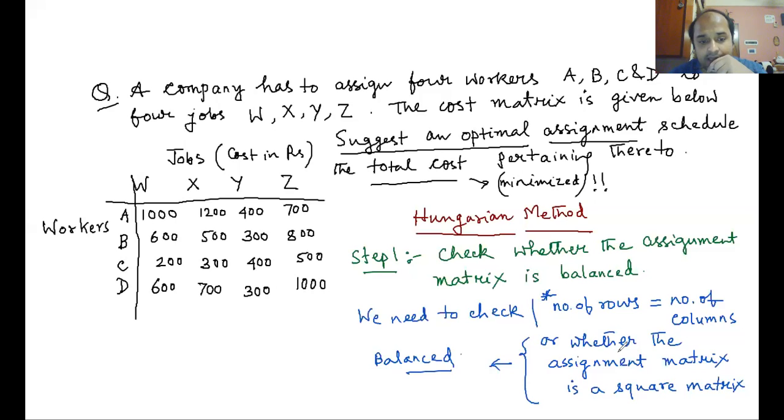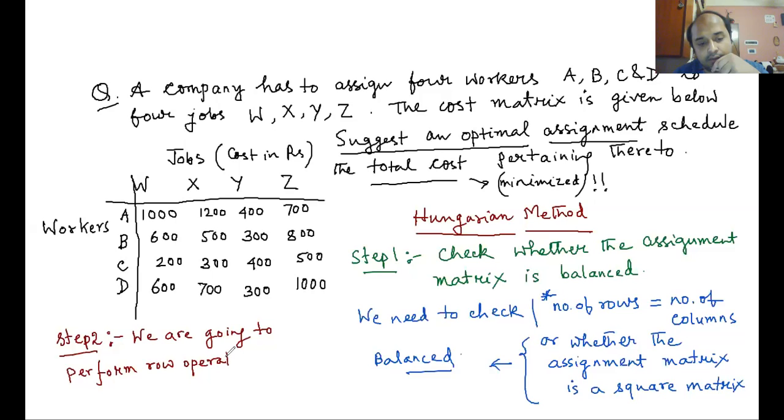Okay, what is the step number two that I gave you in my last class? I have to perform the row operation. In the last class, I actually started with this as step number one. Now, according to the current situation, it has become step number two. So we are going to perform row operation. And what is row operation?